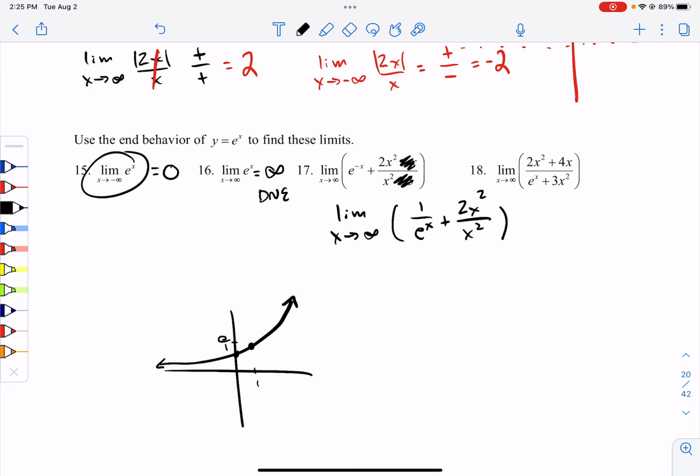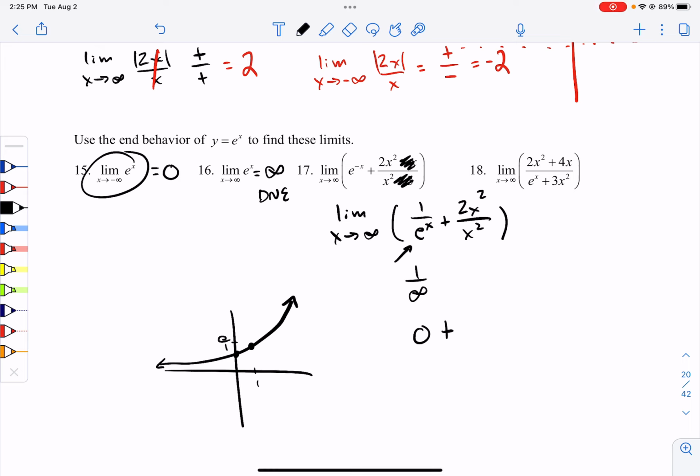So as I am thinking about what's happening as I'm going to infinity, 1 over e to the x, we just decided as I'm going to infinity, e to the x is going to a really, really big number. So 1 over a really, really big number equals 0.